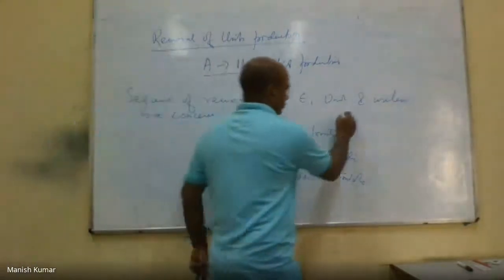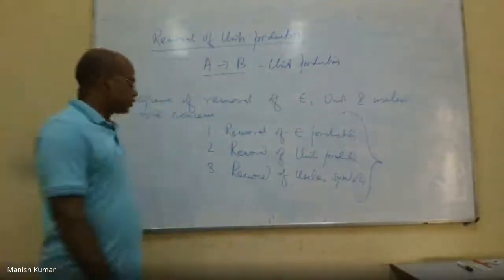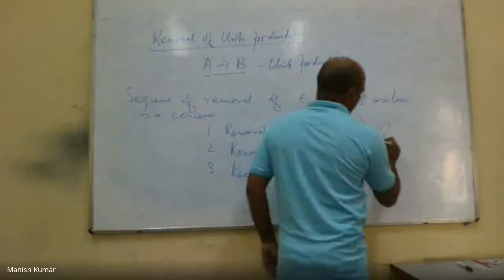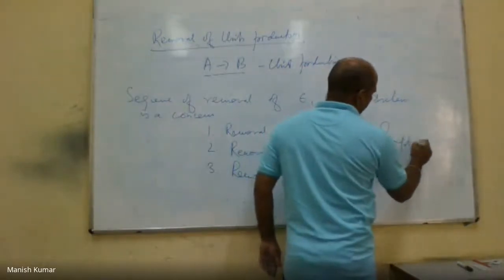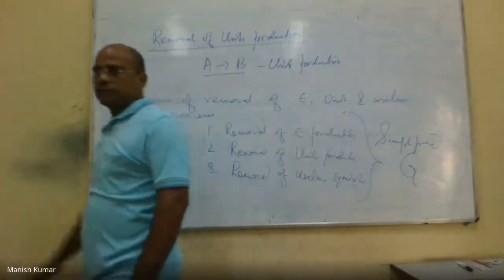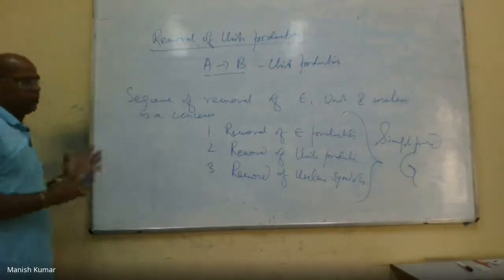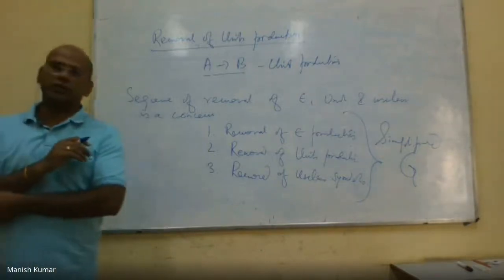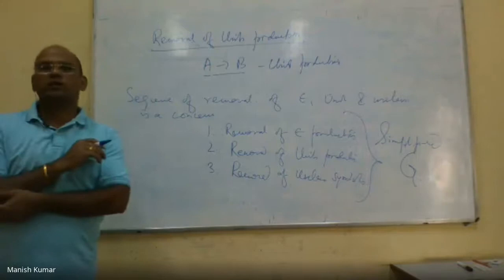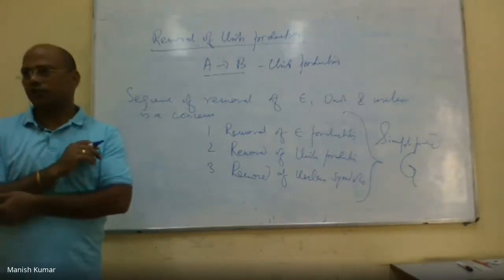Once you do that, you will get the simplified grammar G. Obviously, the condition is always that whatever language the original grammar has, the simplified grammar should also have the same language.